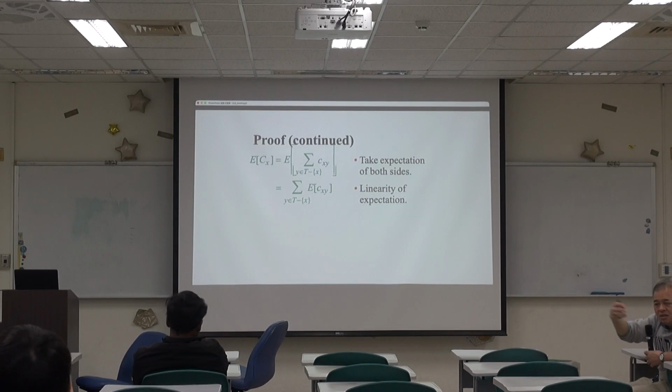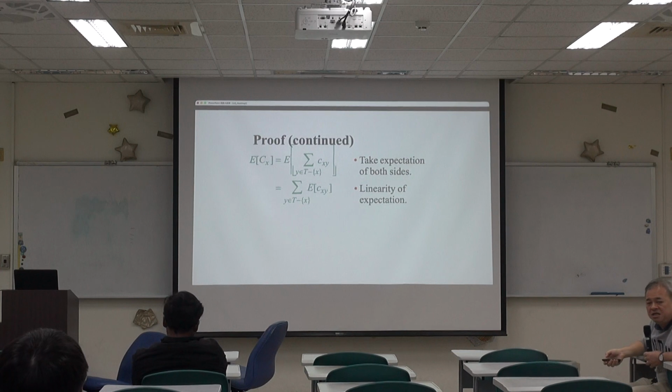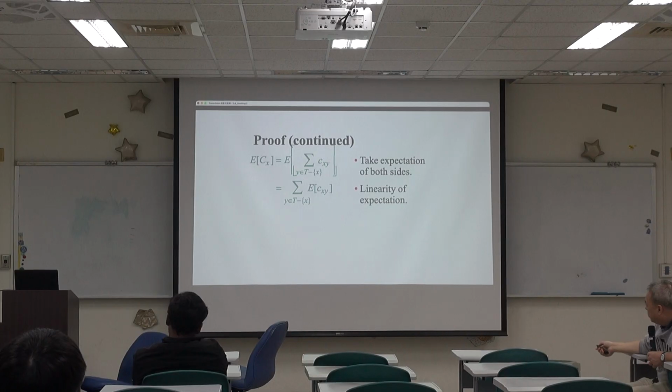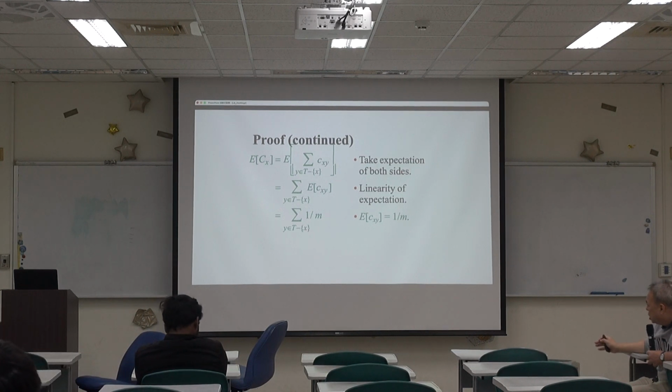We have done this many times previously, so this is not complicated. And we already know from our previous discussion that the expected value of lowercase c_xy is 1 over n, independent of x and y, where y is not x.